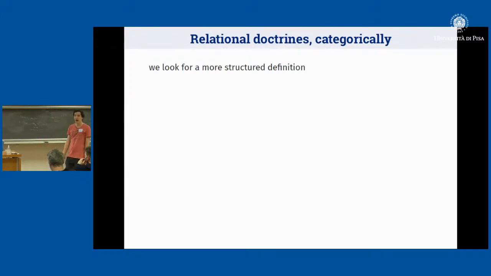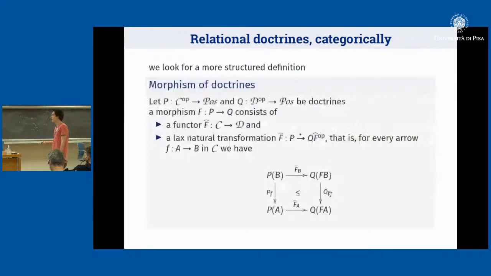To do so, I need to introduce morphisms between doctrines. A morphism between two doctrines P and Q is just a pair of a functor between the base categories of the two doctrines and a natural transformation which lifts a predicate over an object in the first category to a predicate in the second doctrine over the action of the functor on that object.